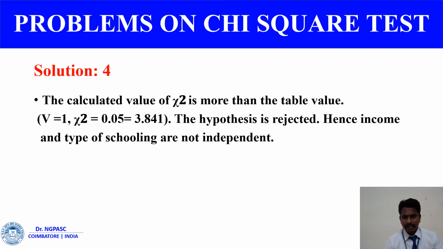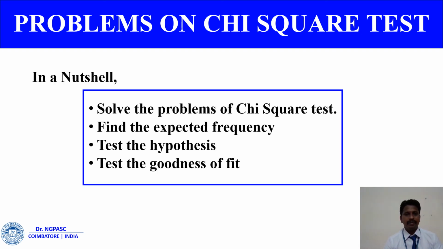At a 5% level of significance, the chi-square table value is 3.841. This is a given value. The hypothesis is rejected. The calculated value is greater than table value. Finally, the hypothesis is rejected. Hence, income and type of schooling are not independent.